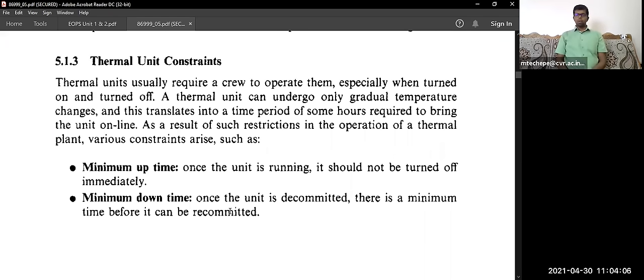If you take the roll call of a thermal generating plant, a minimum of 300 people may be working in a particular plant; in one shift, 300 to 500 people may be working to operate that plant, because that many operations need to be done.